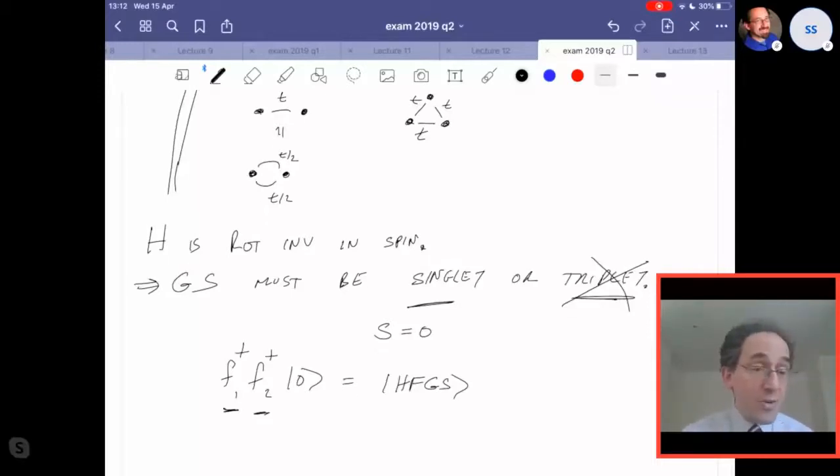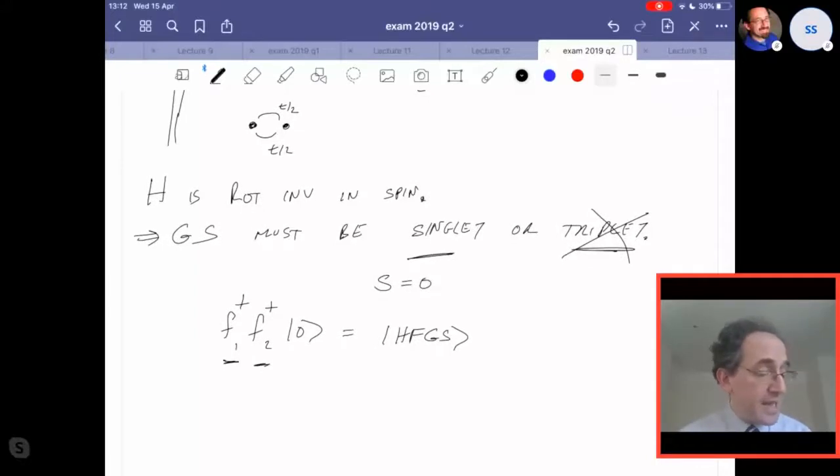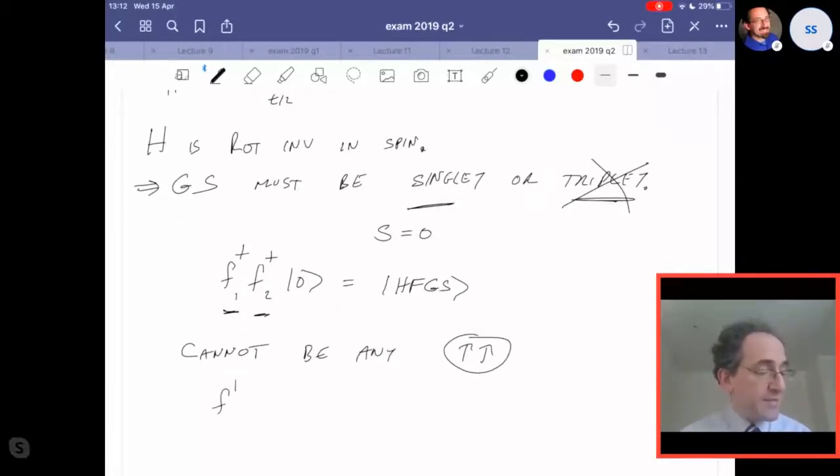But I know if I have a singlet that when I convert to the original basis of the C daggers, there cannot be any spin up terms, because that would not be compatible with having a spin singlet. This is a part of a triplet. So that means I have to be able to write F dagger 1, F dagger 2 such that it does not create spin up.